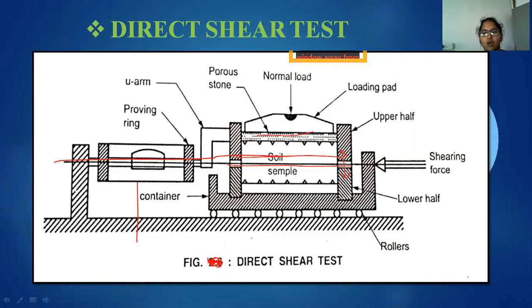Values of shear stress at failure are plotted against effective stress for each test. What are the shear strength parameters? That is C and phi. C means cohesion and phi is the angle of internal friction, obtained from the best fit straight line through the points.